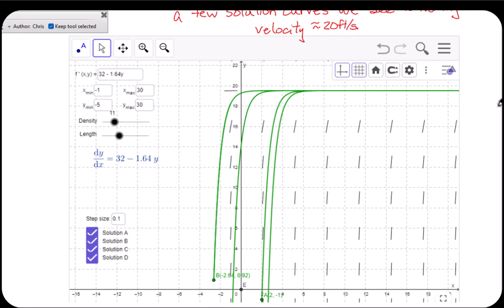They are leveling off. Now, the dotted line is right about 20. We're not quite reaching 20. It's above 18, looks even above 19, so it's a little bit above 19. We'll call it approximately 20 feet per second.